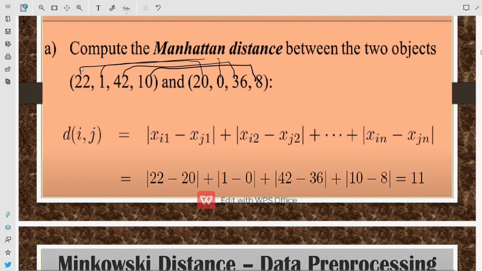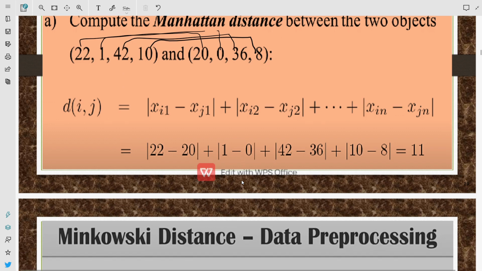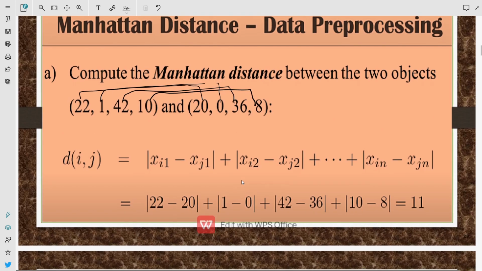See here, 22 minus 20, 1 minus 0, 42 minus 36, 10 minus 8. We add those values. So this is how the Manhattan distance is found.